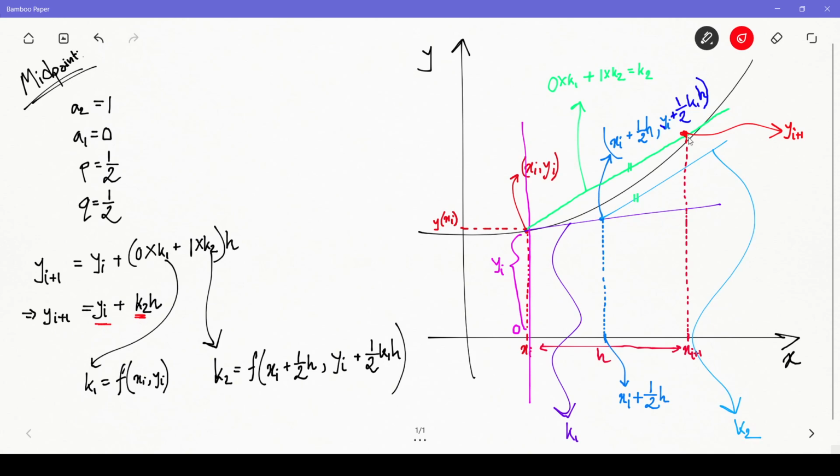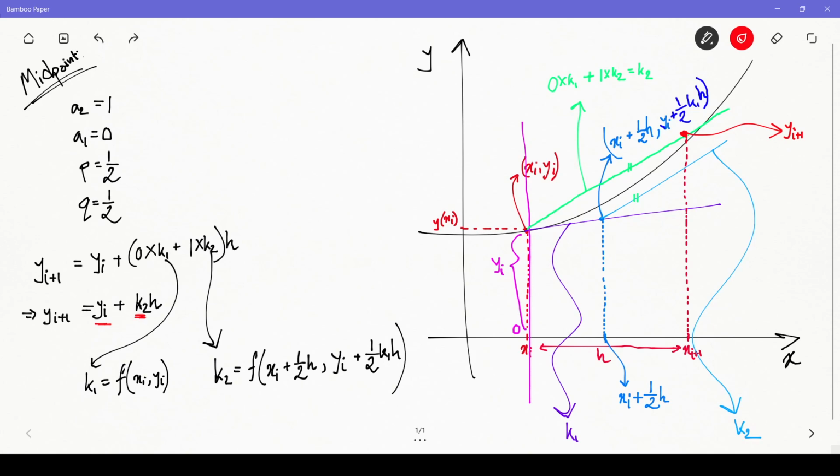So we get the corresponding y sub i plus 1 value at the point where this projection intersects with the straight line. This is our approximation of the dependent variable y after the i plus 1 step.